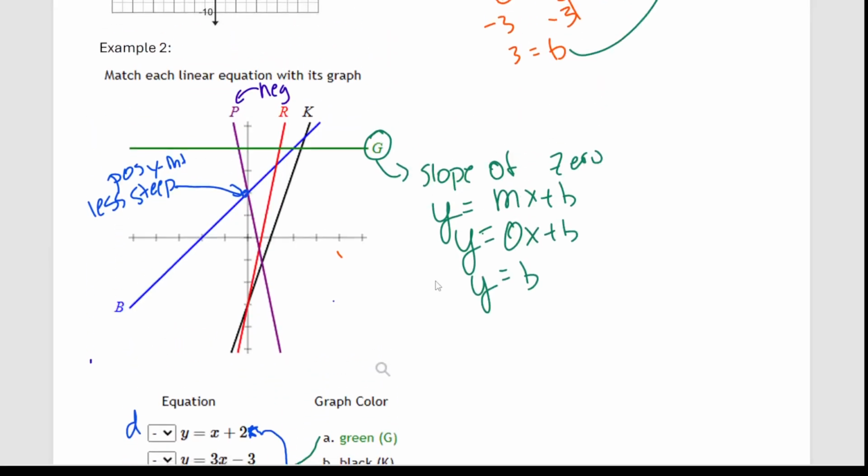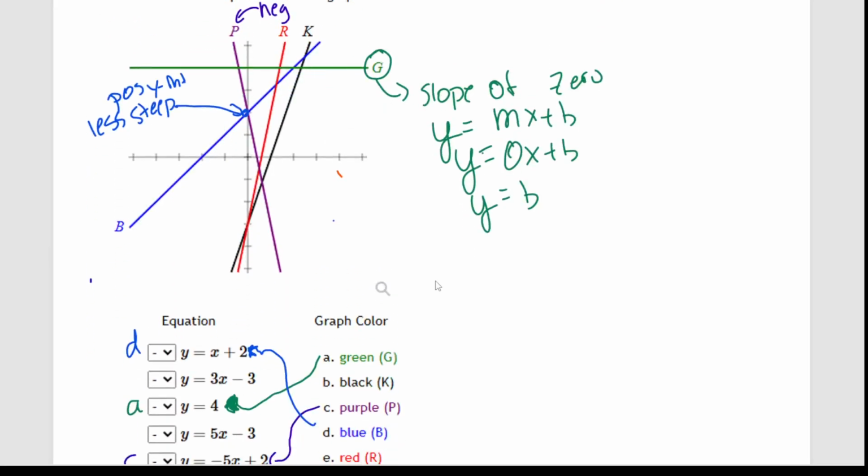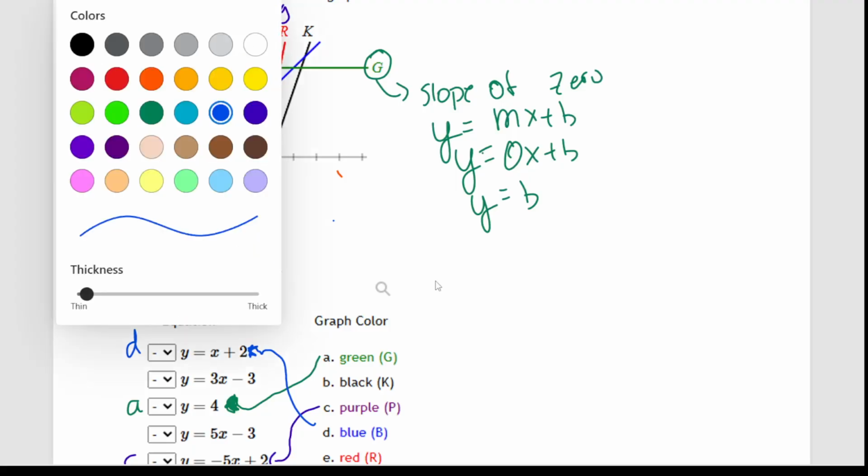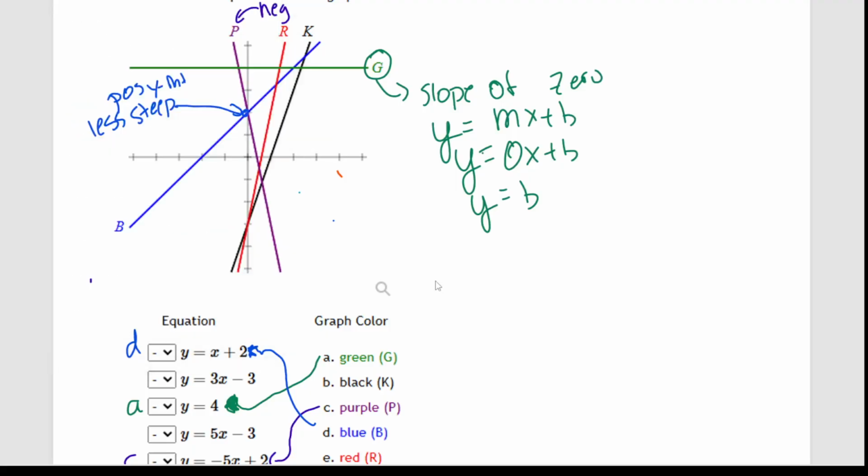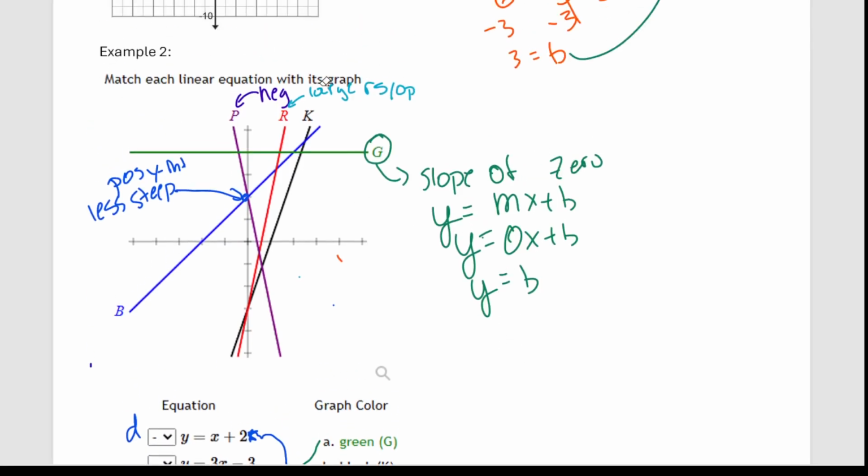Now for the remaining equations, which one is steeper, R or K? Well, it looks like equation R is steeper because we're going to rise more for a smaller run compared to the other equation. So it looks like R should have the larger slope. That should have a larger slope because it is steeper.